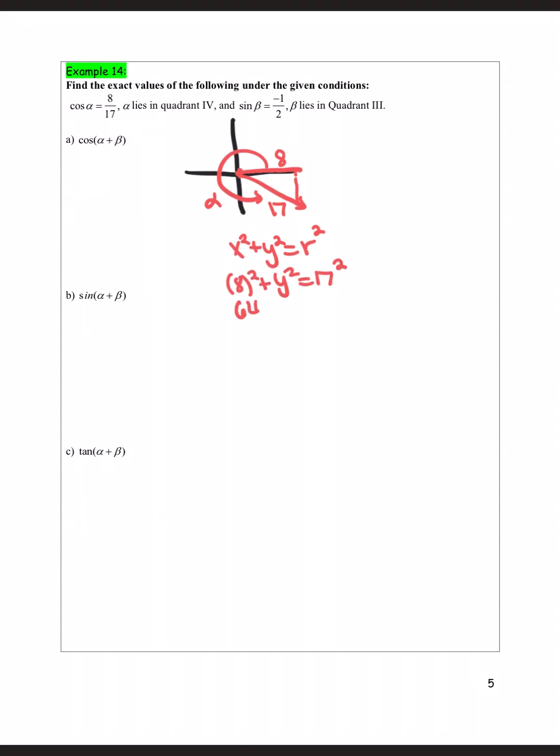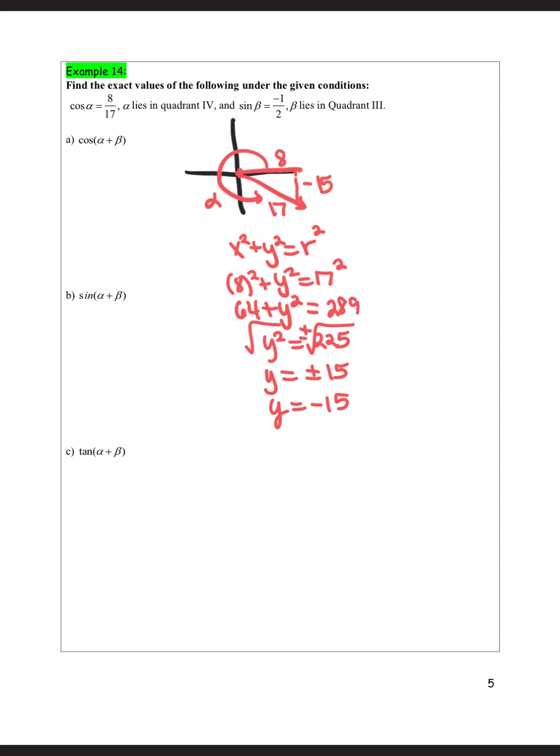So 64 plus y squared equals 289. Subtracting 64, 289 minus 64 is 225. And when I take the square root of both sides, the square root of 225 is 15, so y equals plus or minus 15, but we're in quadrant 4, so y is negative 15.